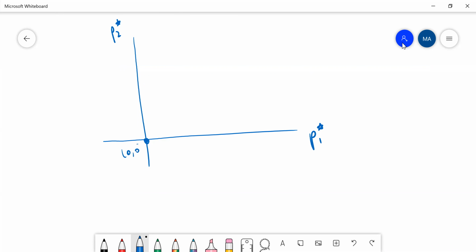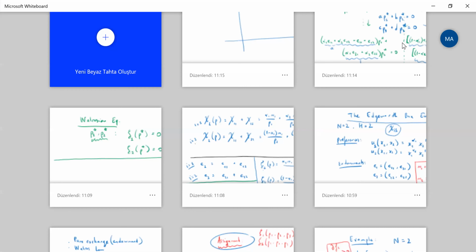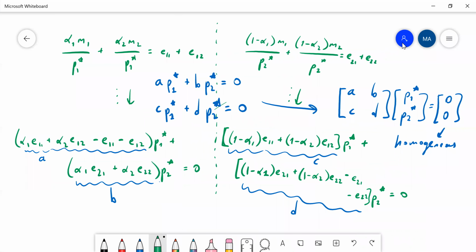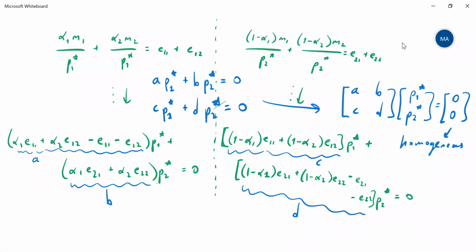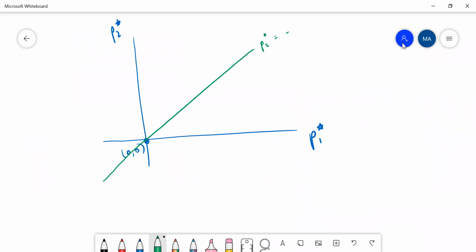So this is 0, 0. Let's say the first equation is this, P2* equals minus C over D P1*.